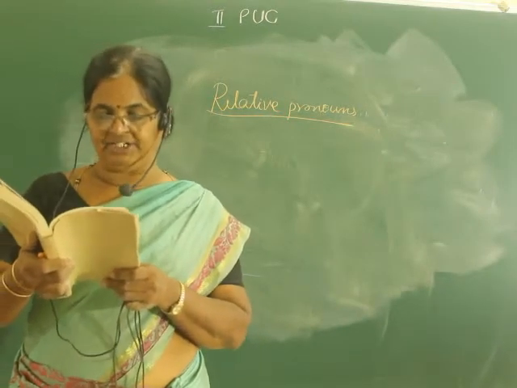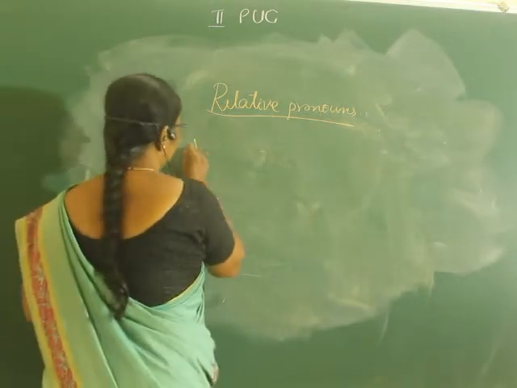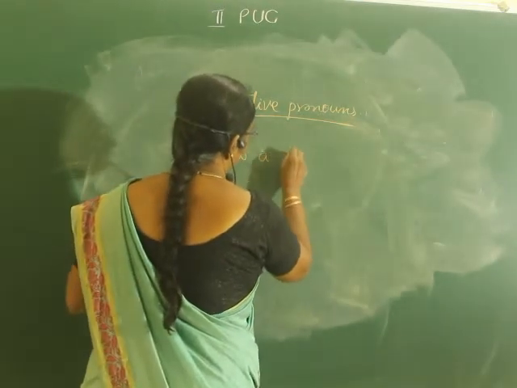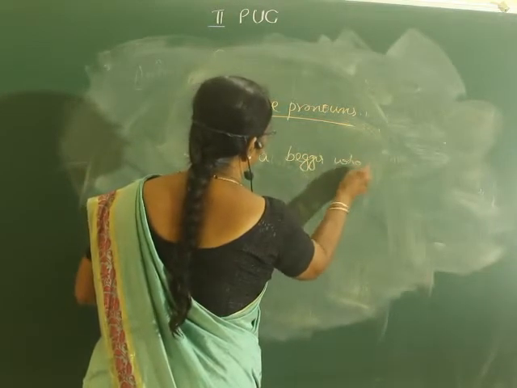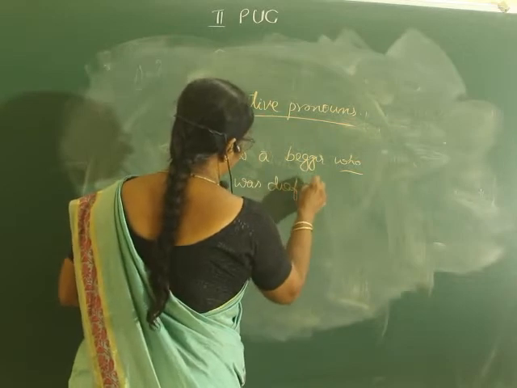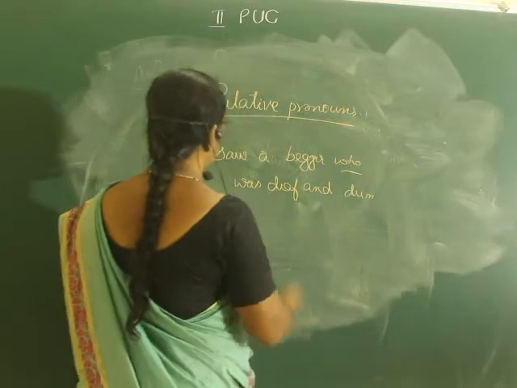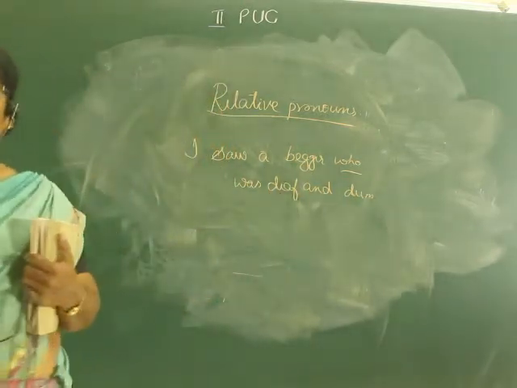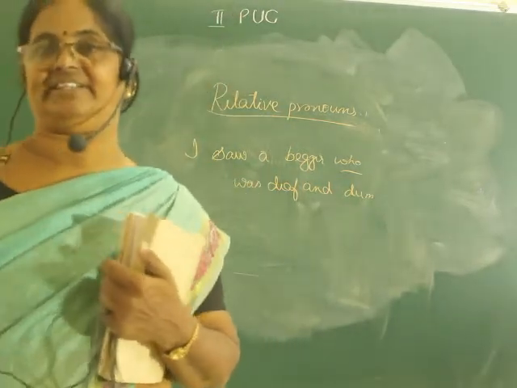I saw a beggar who was deaf and dumb. Here, "I saw a beggar" and "he was deaf and dumb" are two sentences.